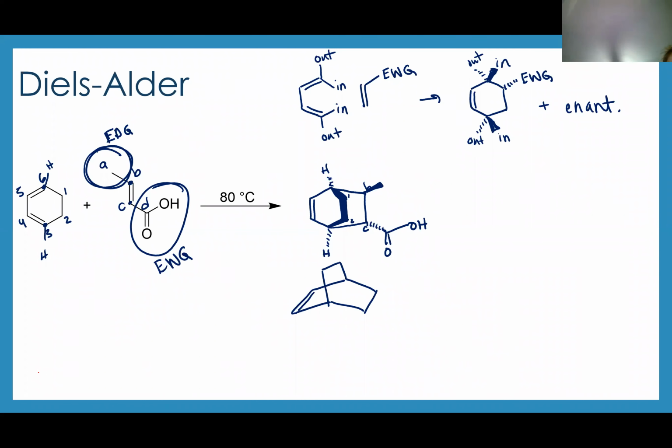So if we were to color code this, we still have those carbons here. Our new bonds that we made in the Diels-Alder reaction, I'm coloring over in yellow. And then the bonds in the dark blue are the remnants of our diene. And then there's also an enantiomer of this.